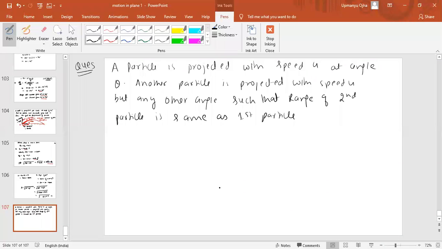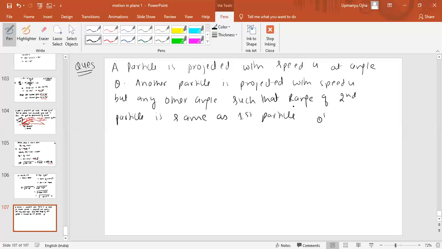You have to find the other angle, theta dash you can assume, such that the range of the first particle is the same as the second particle. Such that the ranges are equal.